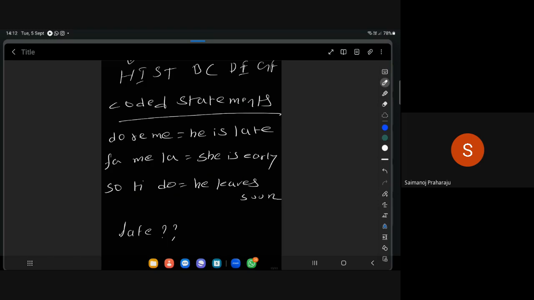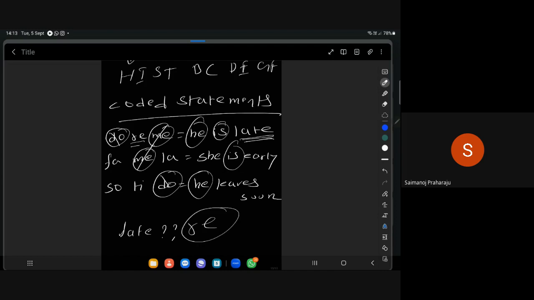Then try to match. In the left hand side, which words are matching? Do and do, so they get cancelled. Then me also gets cancelled. In the right hand side, he is matching and cancelled, then is also cancelled. They have asked you to find the code for late. In the right hand side only late is left, and in the left hand side re is left. So re is the answer. Any doubt?